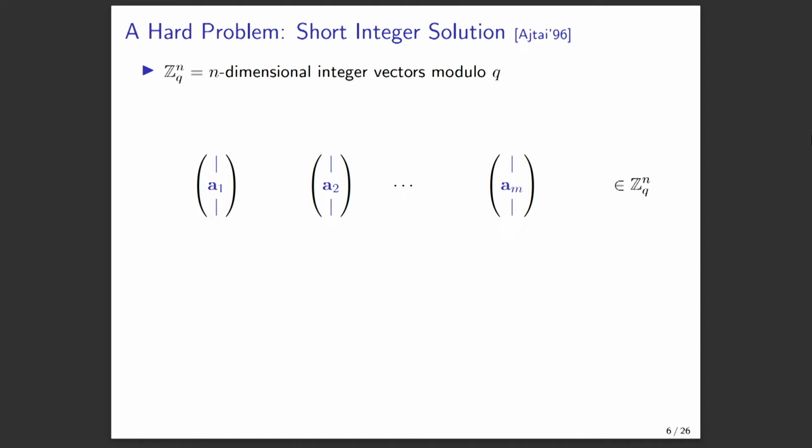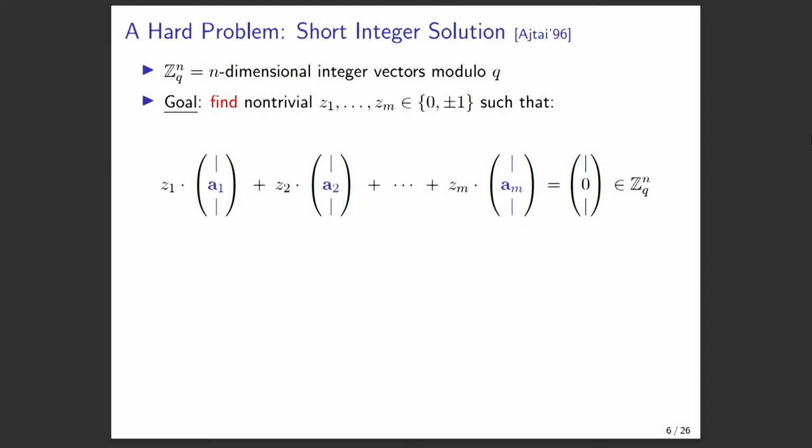And the goal, given this input, is to find some non-trivial integers z_1 through z_m, which are ternary, so they can be 0 or plus or minus 1, so that this plus, minus, or 0 combination of the a vectors adds up to 0 modulo q. Okay.